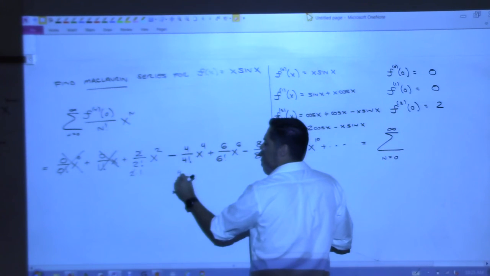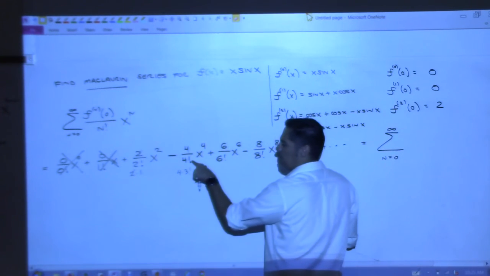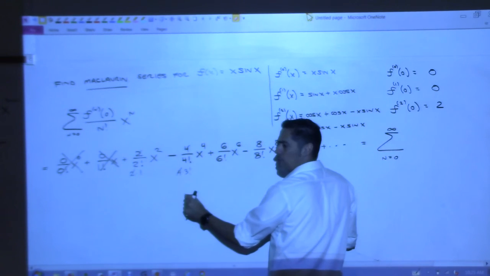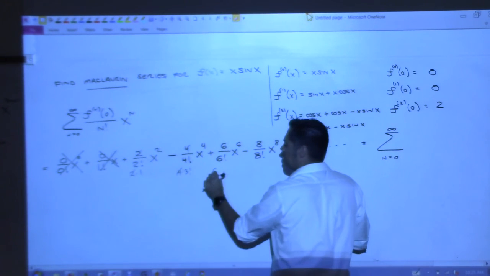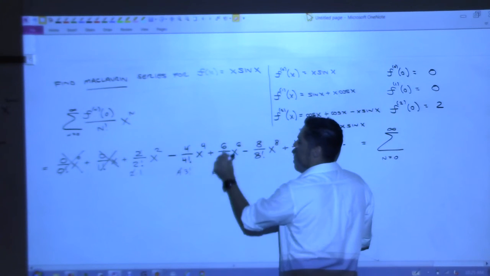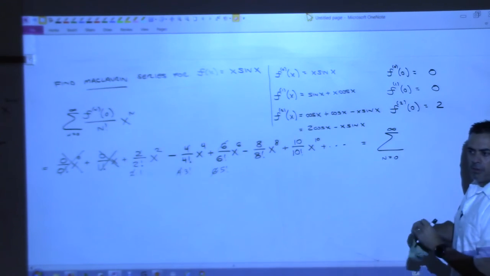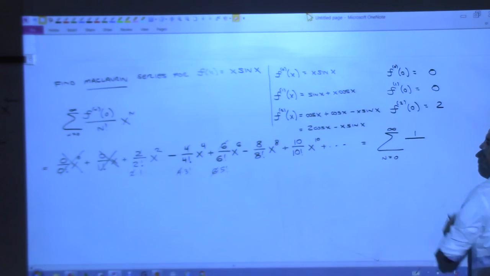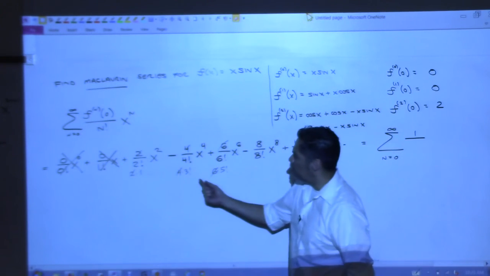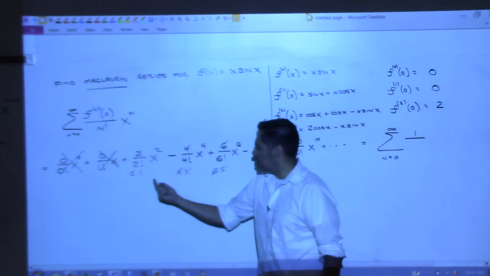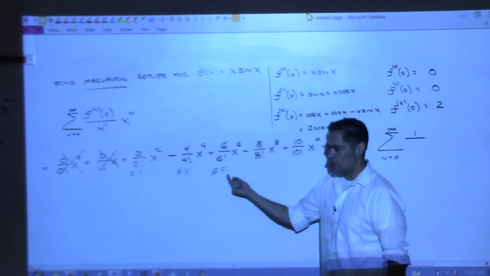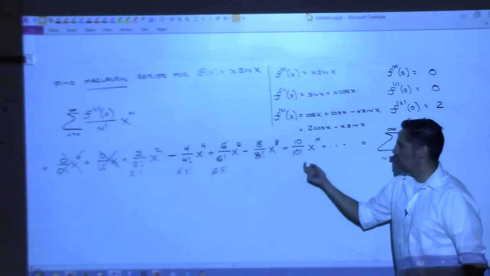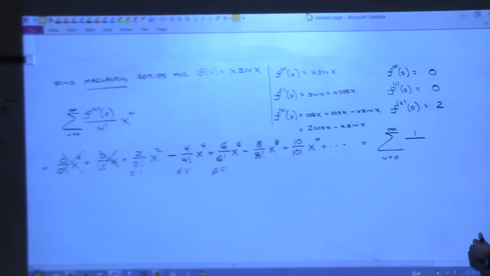Right here, this is 4 times 3 factorial on the bottom. The 4 and the 4 cancel. And then this is like 6 times 5 factorial. 6's cancel. Right? So 1 over, what are our factorials on the bottom going to be? 1 factorial, 3 factorial, 5 factorial, 7 factorial. And it alternates too, doesn't it?